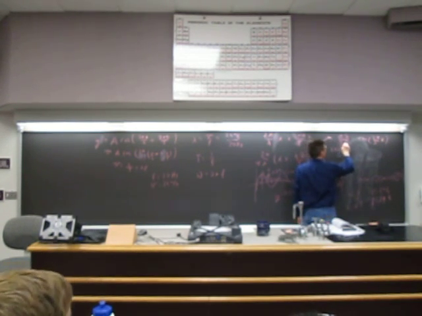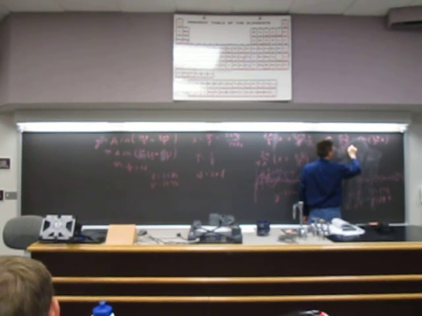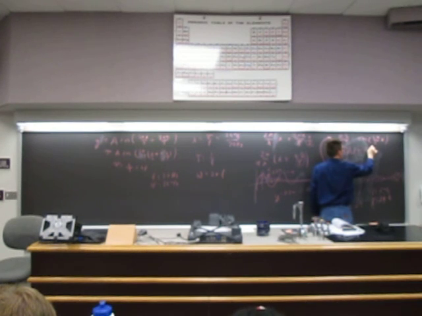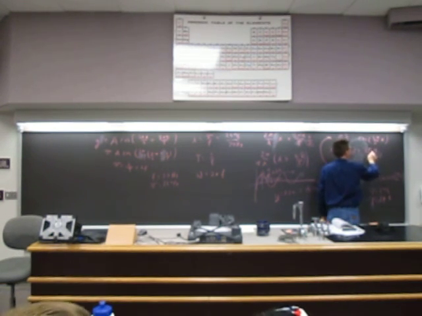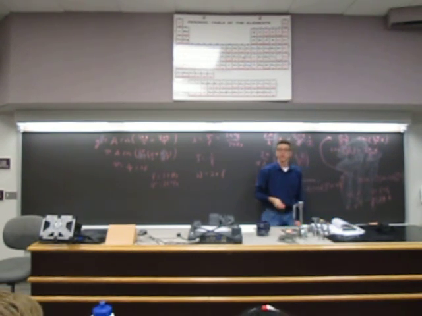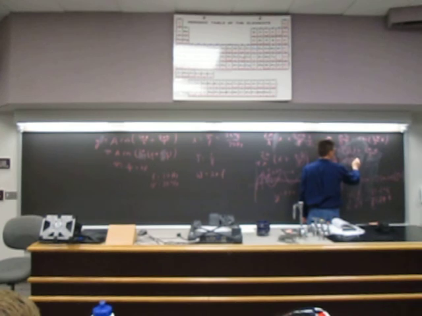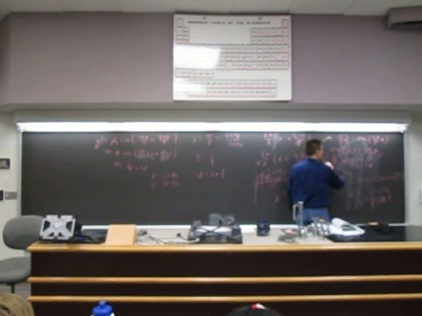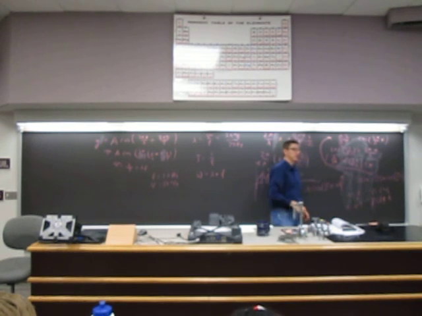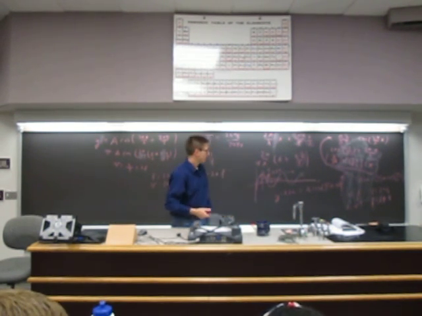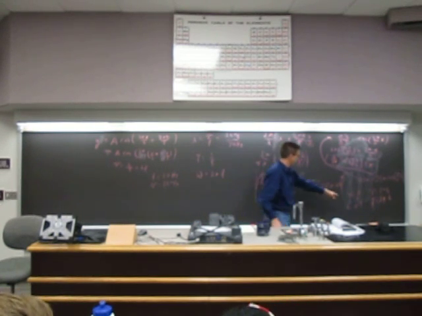So inverse cosine of 0.2 over 0.5 is equal to 2 pi x over lambda. So x equals lambda over 2 pi, times inverse cosine of 0.2 over 0.5. Then you just evaluate that, with lambda being this thing.